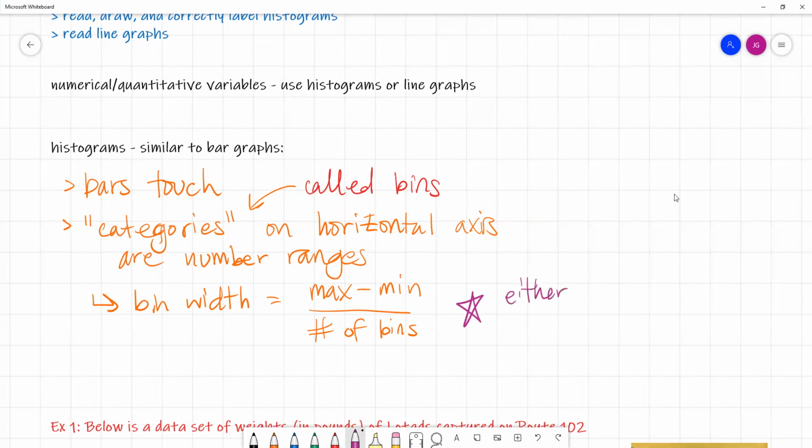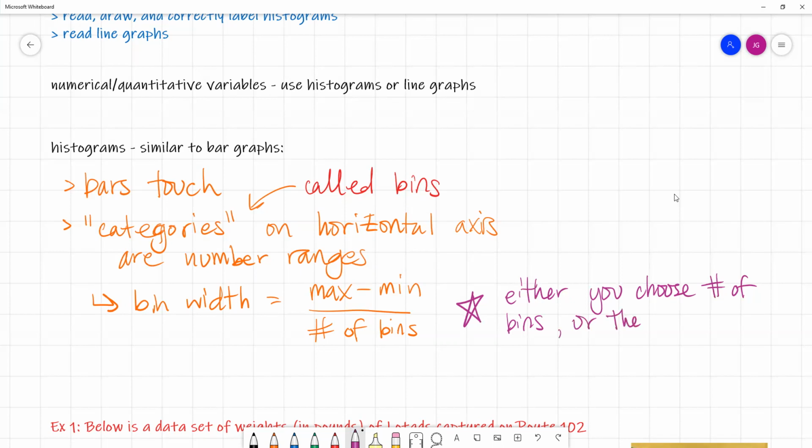And so when it comes to bins, a little note here: either you choose the number of bins. Sometimes the problem won't tell you, so you just choose the number of bins that you think would make the data set look decent. Usually you want to choose at least 5. Definitely never want to go less than 5, because then we don't get a good shape on our histogram.